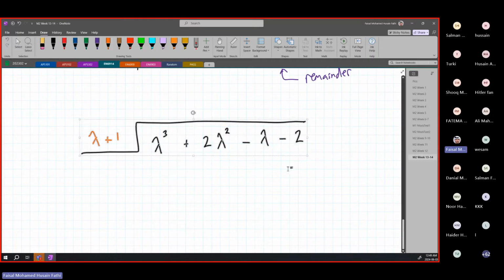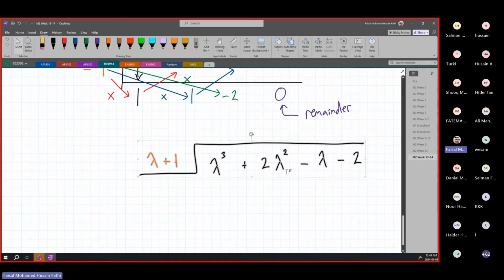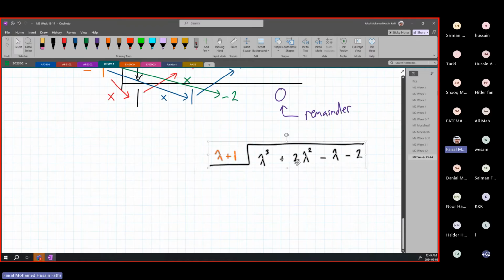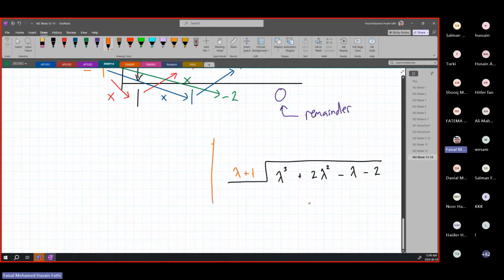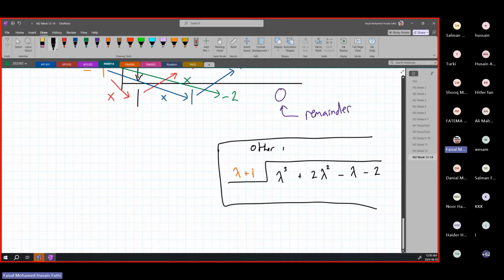And you're going to get the exact same answer that you would get if we did either or. All right? So this is it. This is just an alternative method, and I'm going to mention this here. This is just an alternative method. You're going to do the long division.